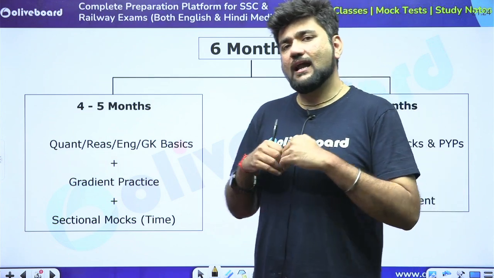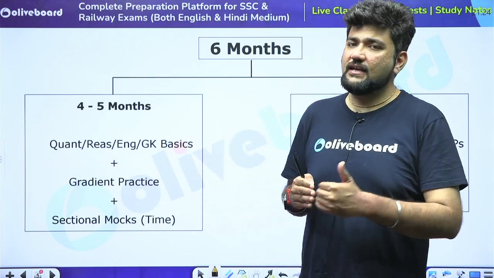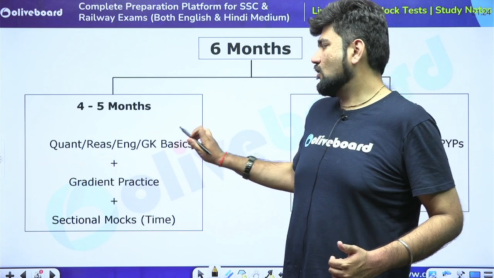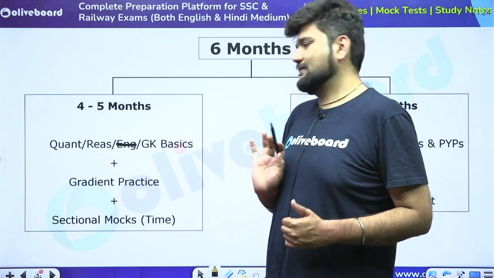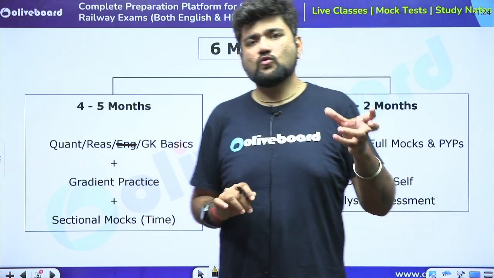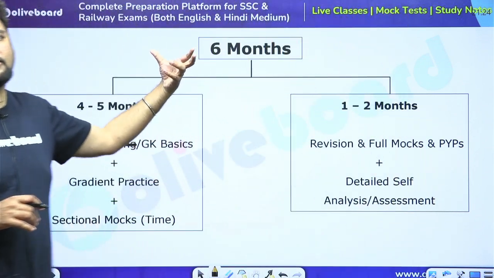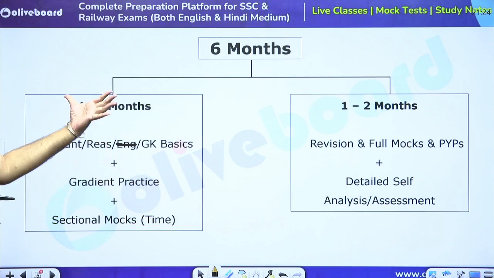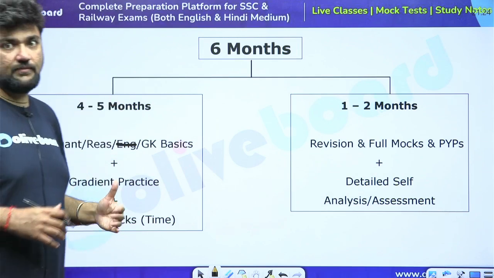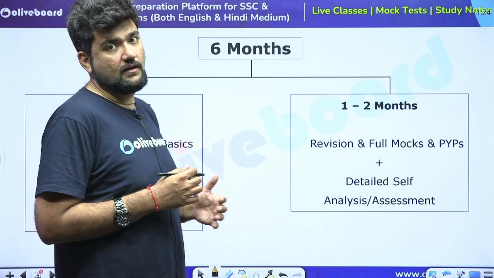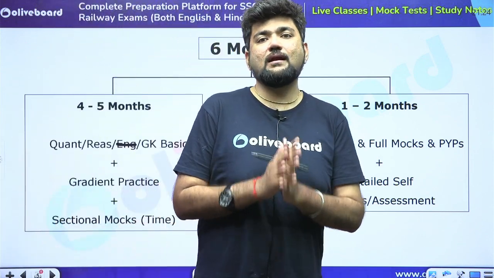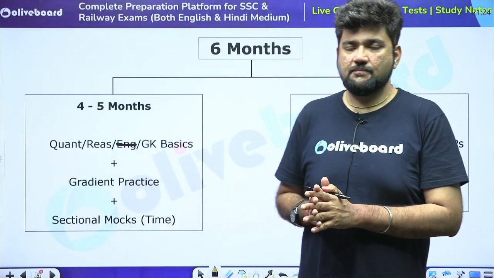But for the RRB NTPC, the language section is not there, so you can omit or not consider that in this case. So let's say a rough preparation plan of 6 months is given to you. For the first 4 or 5 months, if you are a new aspirant, you have to focus on building concepts and building fundamentals.